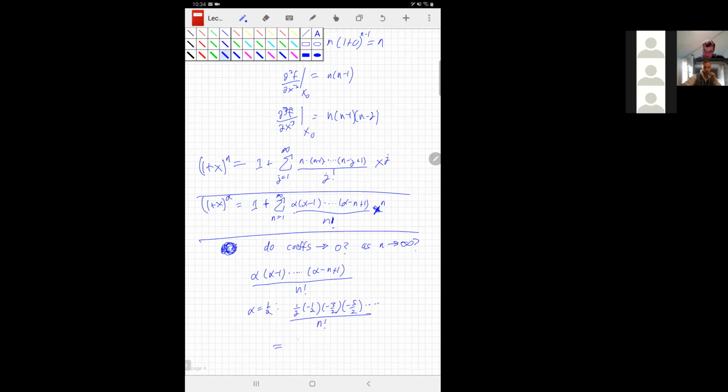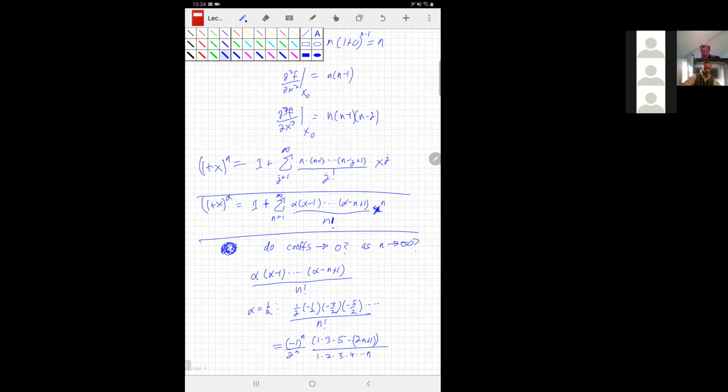All right, well, so we've got negative 1 to the n over 2 to the n. So far, that looks like something that's going to be diminishing, but then we've got 1 times 3 times 5 times dot dot dot 2n plus 1 over 1 times 2 times 3 times 4 times n.